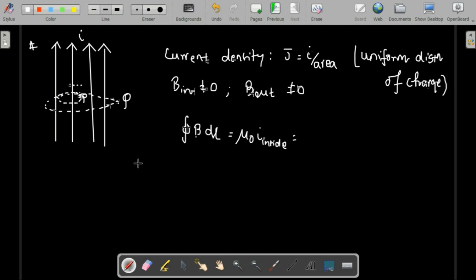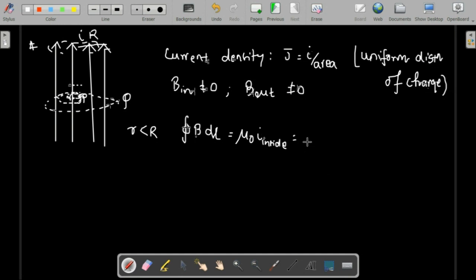So if you are considering, let's say, r less than capital R, let's say this is my cylinder where the current is there, and this radius is capital R. We are considering a point inside. So let's say this is my small r.